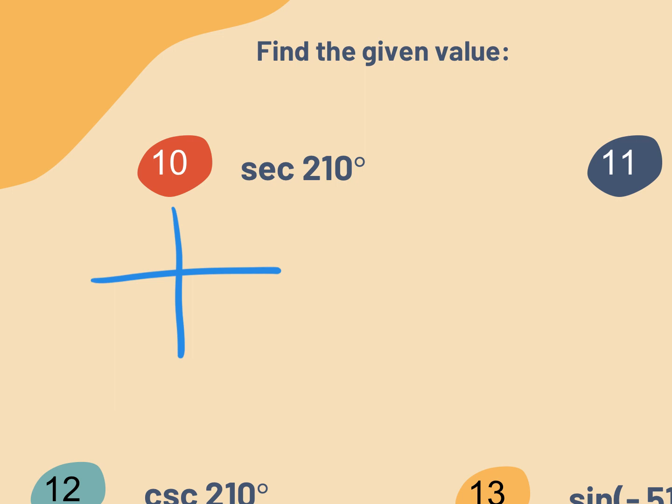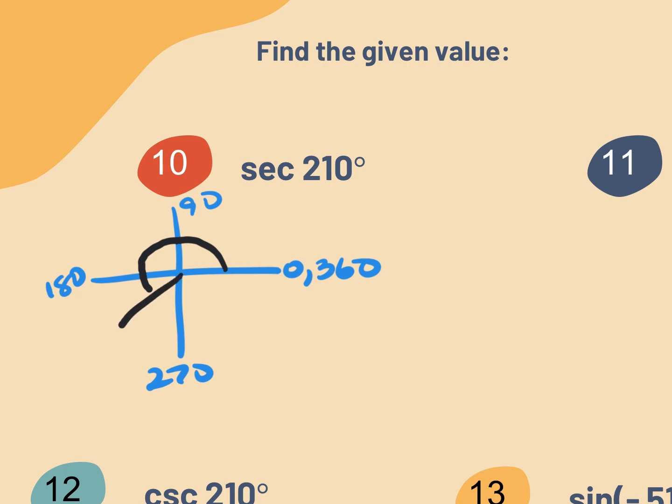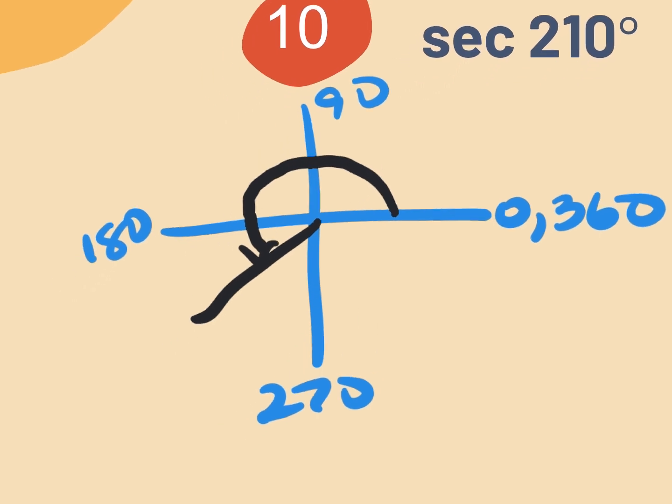I always like to give myself a visual. So 90, 180, 270, 0, and 360. So when I go to graph a 210, I'm going to go 90, 180, and then to complete it, I need to go another 30 degrees. So my reference angle here is 30.